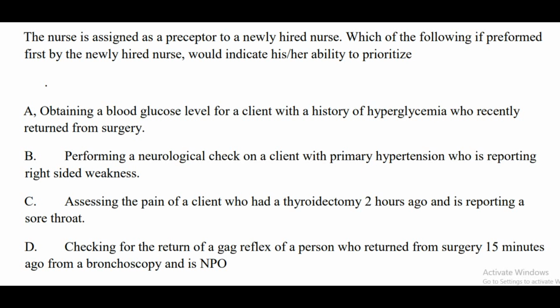Which of the following, if performed first by the newly hired nurse, would indicate his or her ability to prioritize? In this question, we only have the word first. So, stay in the present, not the past or the future.